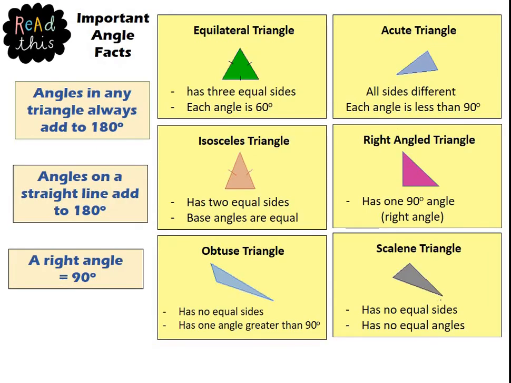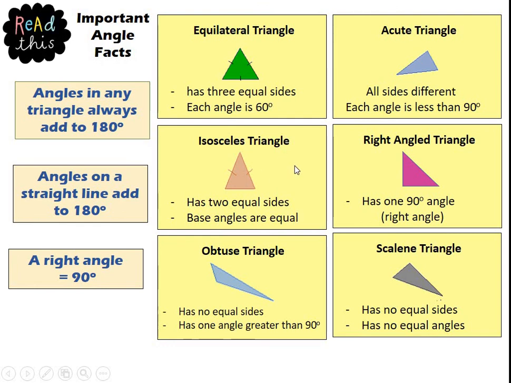Now let's look at triangles. There are special triangles that have different names. A triangle that has 3 equal sides will also have 3 equal angles of 60 degrees, and this is called an equilateral triangle. Acute triangles will have different sides and each angle is always less than 90 degrees.